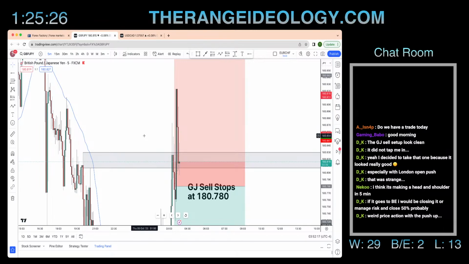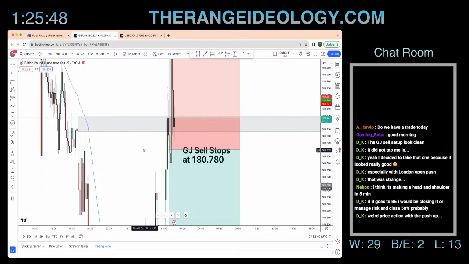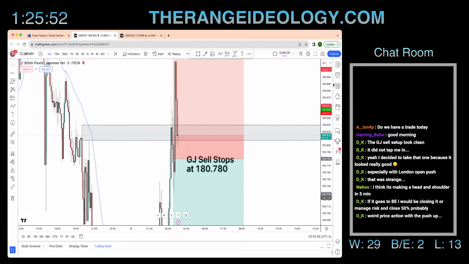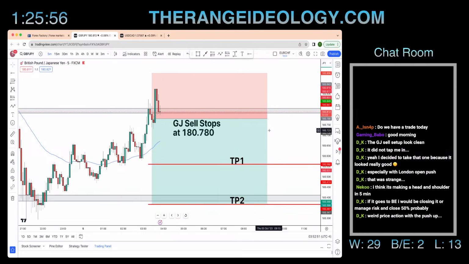Again, very interesting how GJ has moved here. All right, let's see. So just 8 minutes shy of closing the hour candle. Let's see.